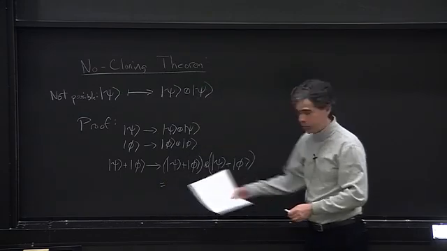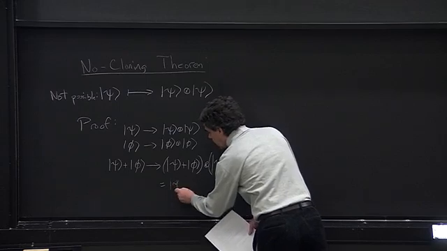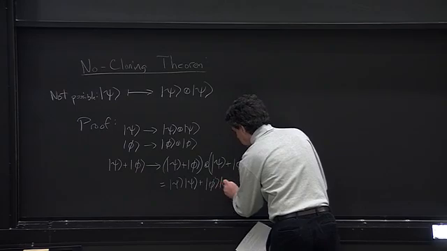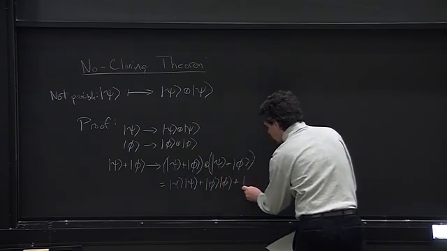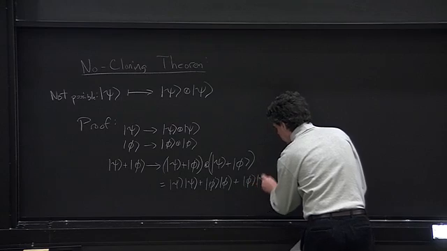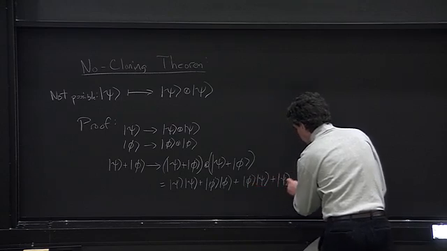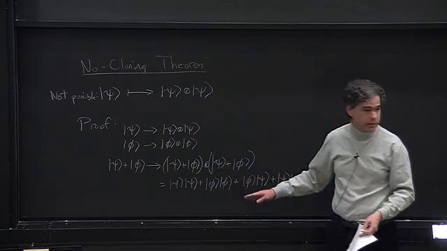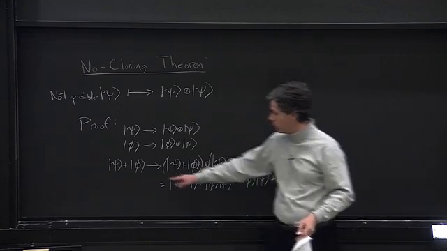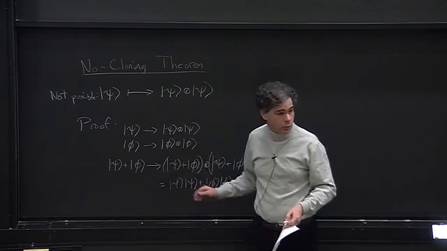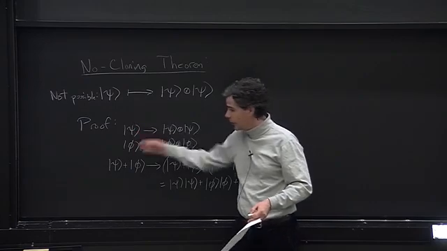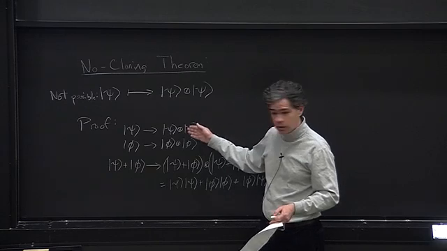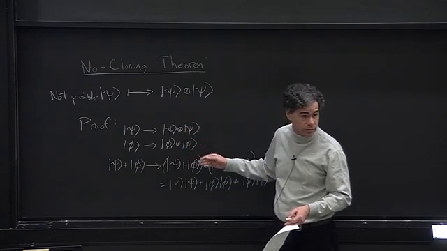And so what is this equal to? Well, we can expand it out, and we get psi psi plus phi phi plus the cross terms, phi psi plus psi phi. Now, the linearity of quantum mechanics also tells you that for any allowed quantum operation, if you take the sum of these two things, the image under this map is going to be the sum of these two things.